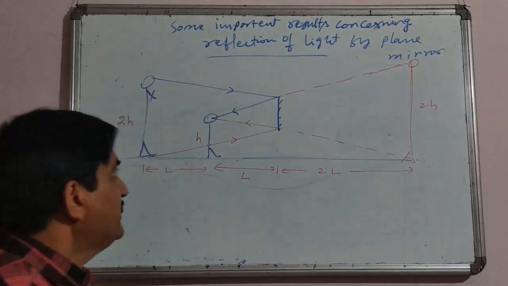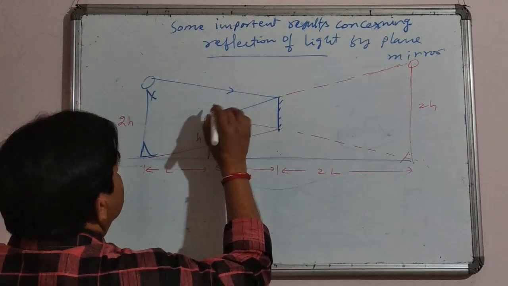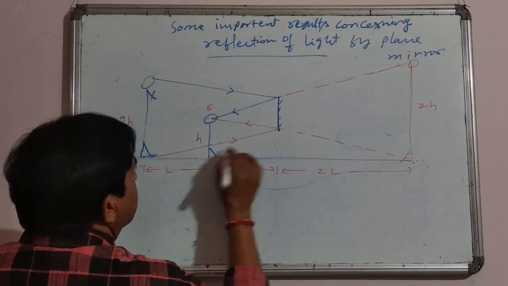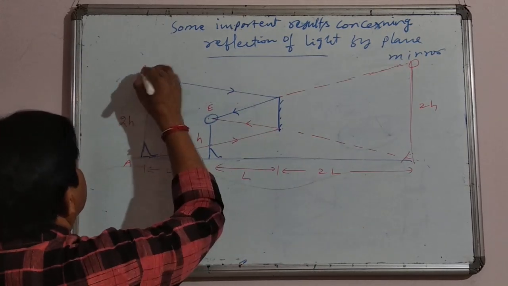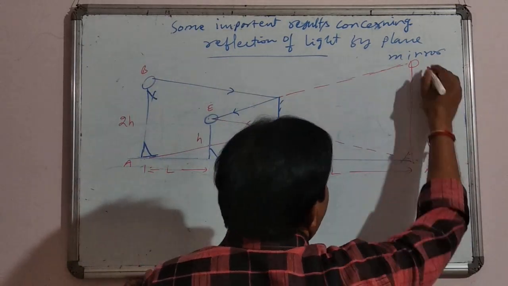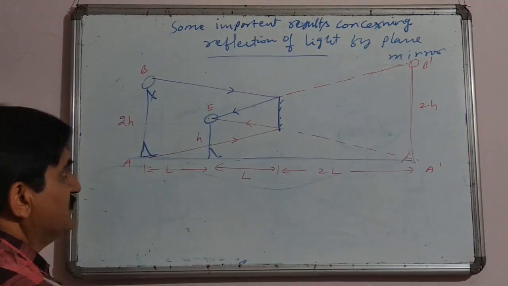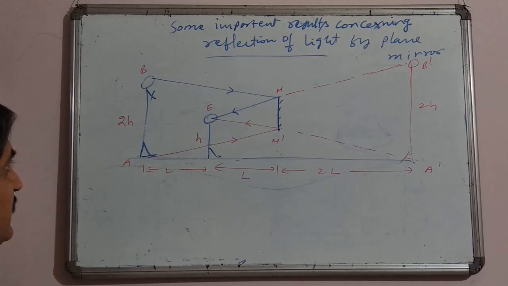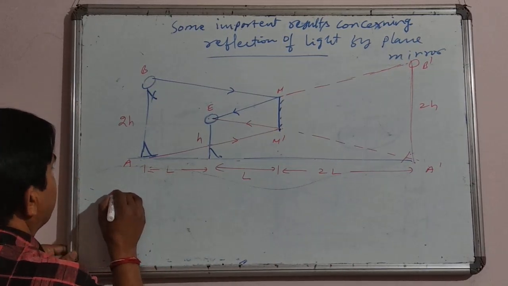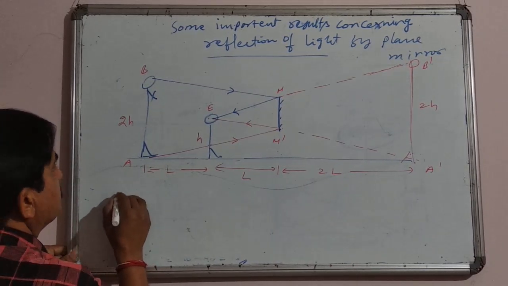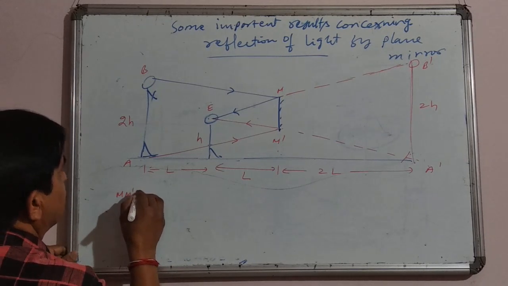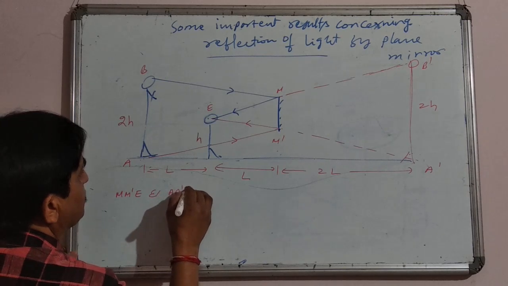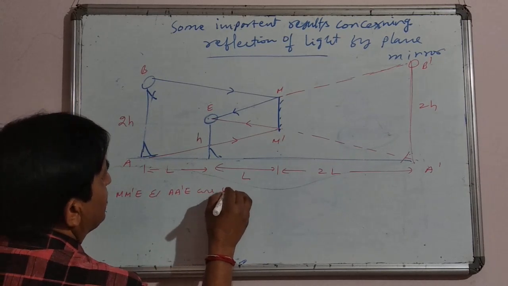Right? Next, this is the eye position. This is AB. This is A dash, B dash. Now this is M dash. So here, triangles M dash E and A dash E are similar.